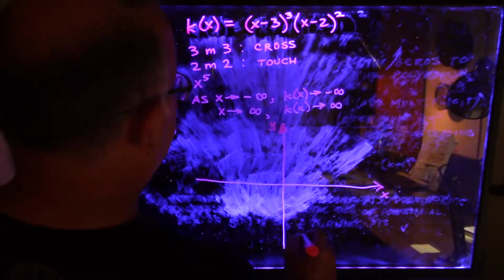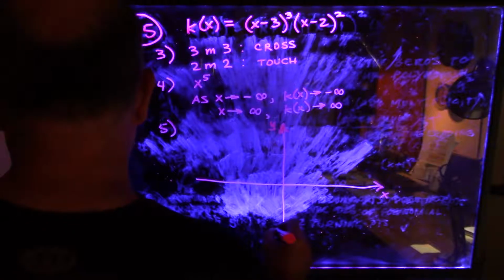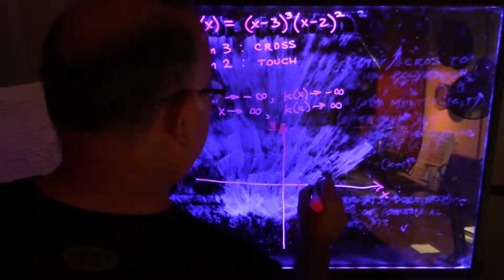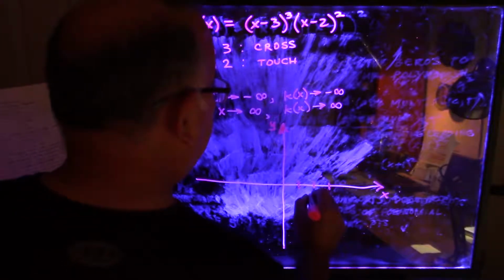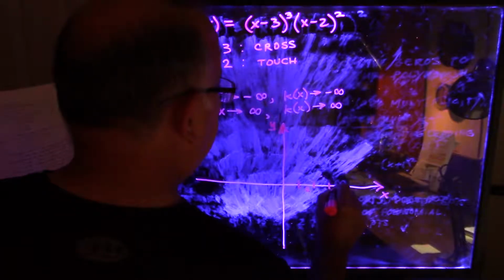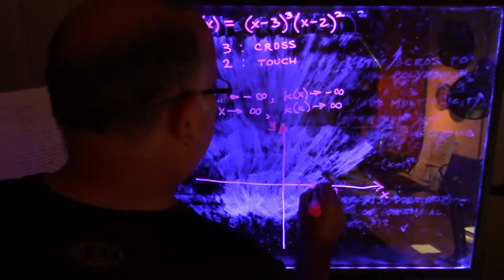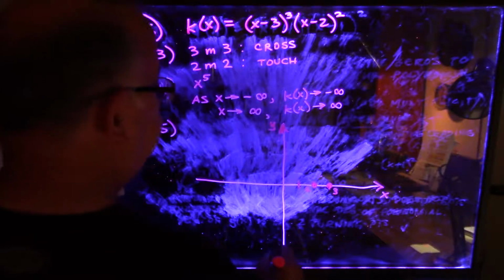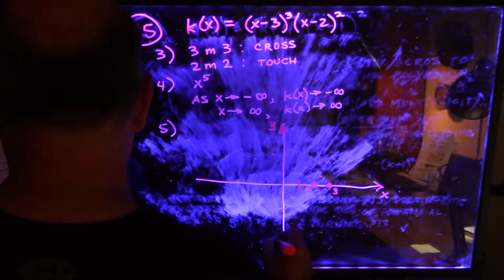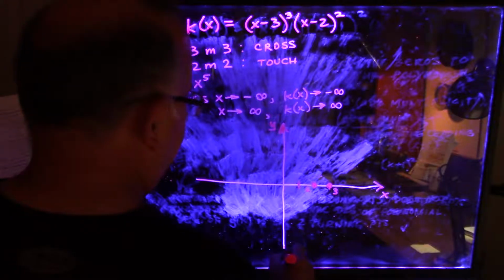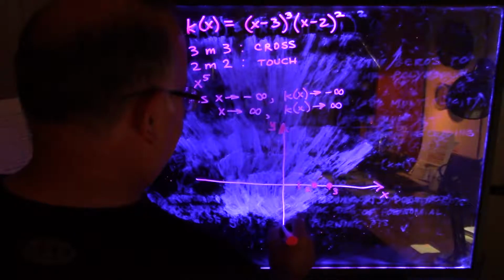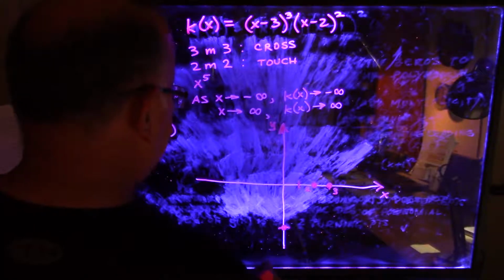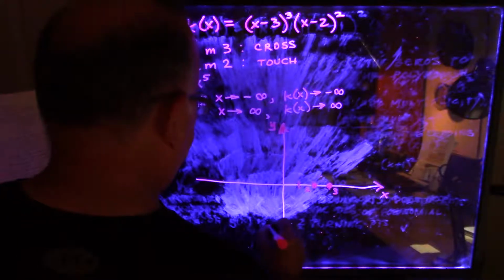We've got intercepts at 2 and at 3. That's x equals 2 and 3. And we have a y-intercept way, way, way down. I'm not going to worry about how far down it is. I just put it right there. There's your y-intercept. That's at negative 108.